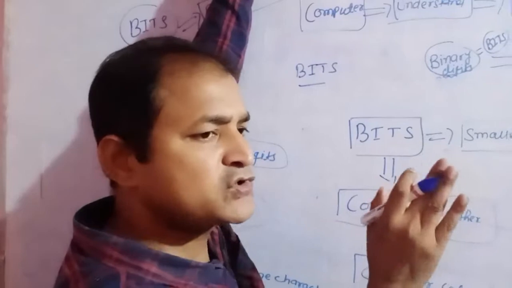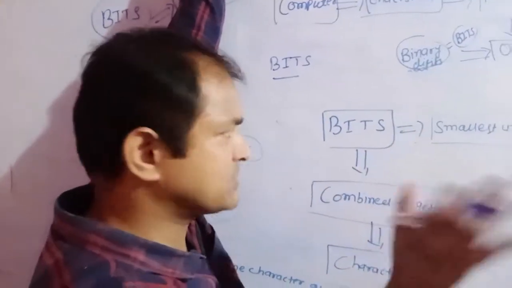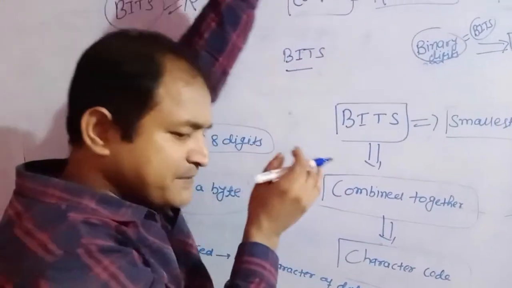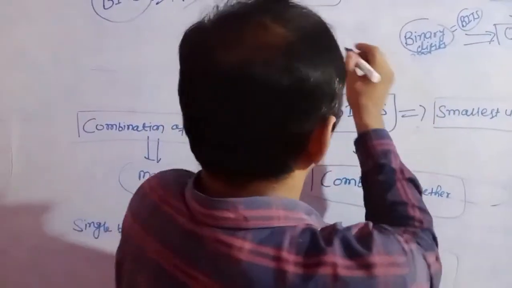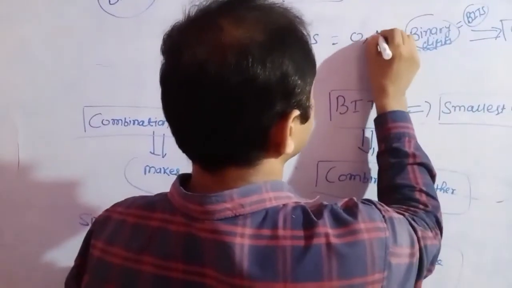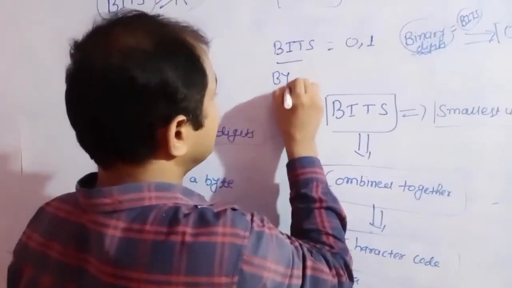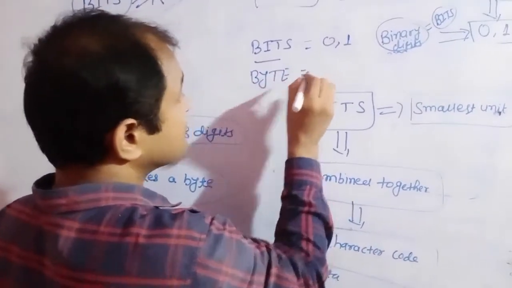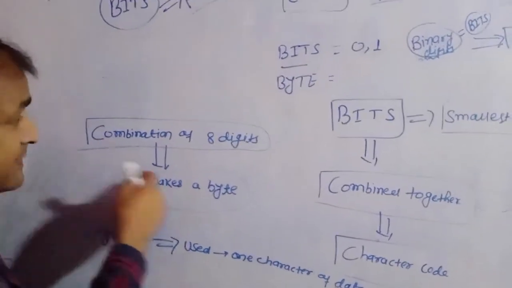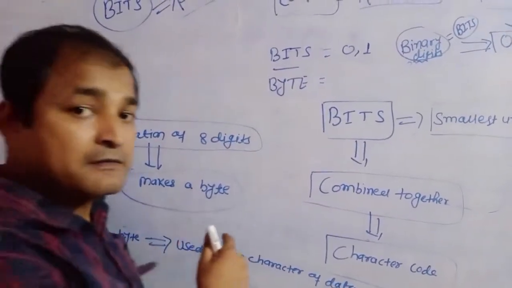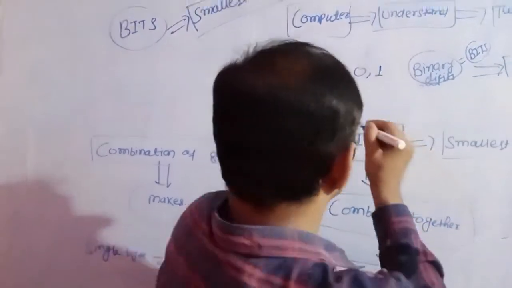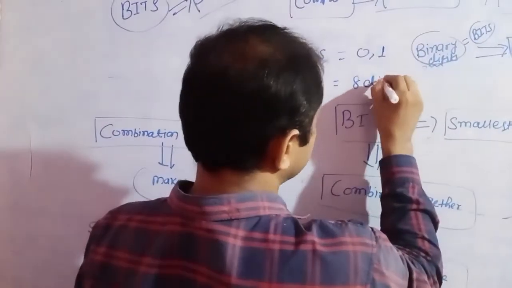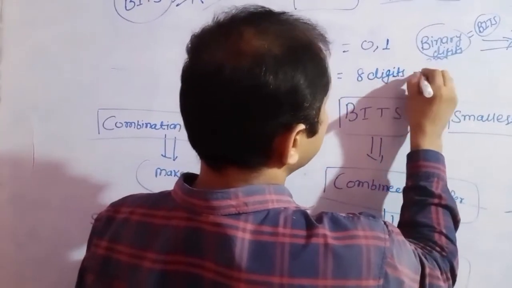Yes, 0 or 1 is a bit, or binary digit, both. The bit equals 0 or 1. A byte is a combination of 8 digits.